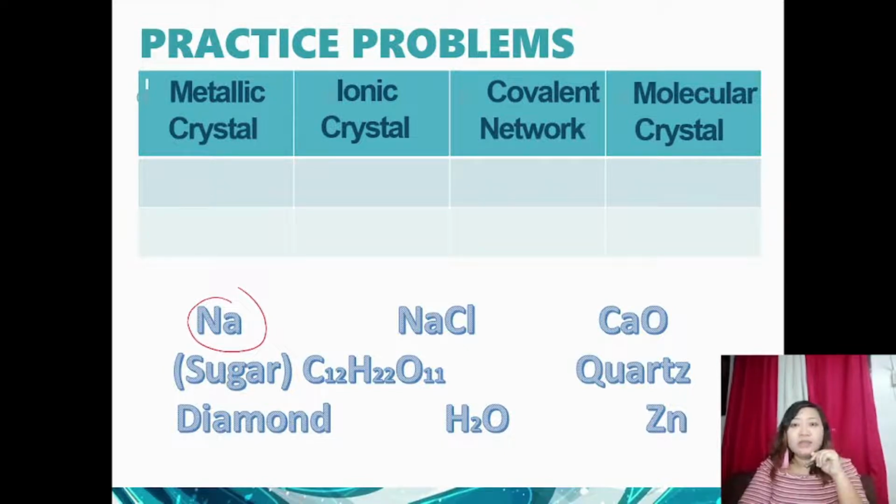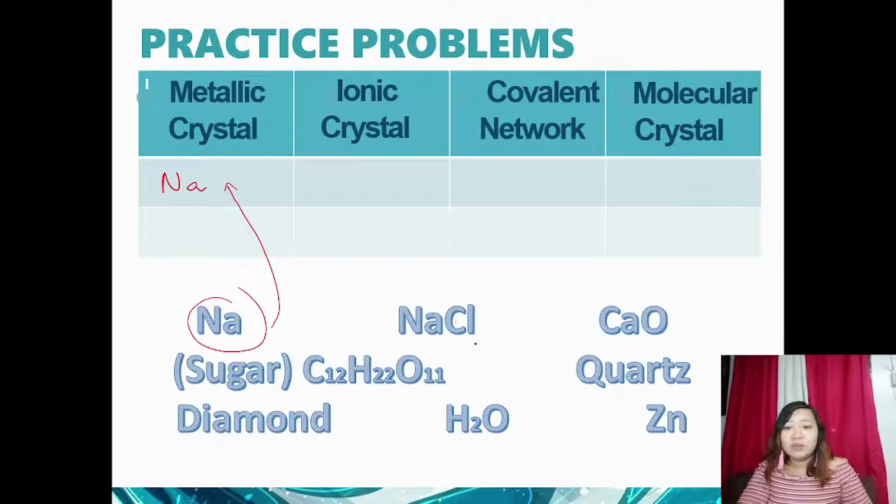So let's start with sodium. Sodium is a metal. Therefore, when the sodium atoms form a crystalline lattice, it will become a metallic crystal. So I will put it here, sodium.